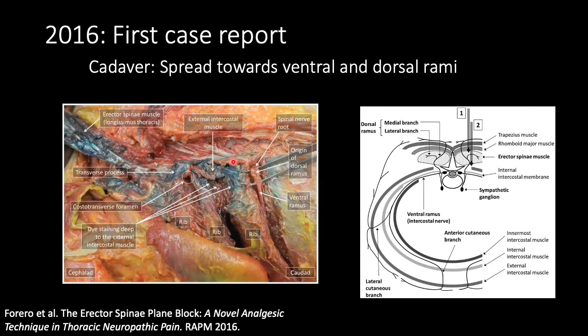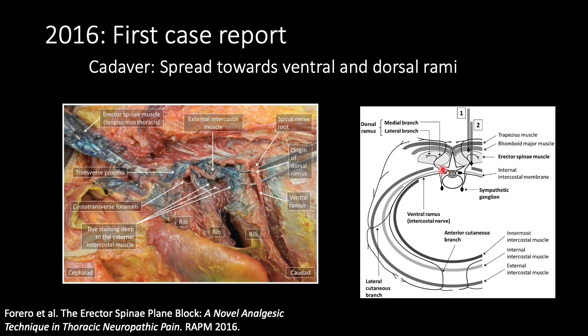And then they did some injections in cadavers with methylene blue against the transverse process. And they showed dye spread in the direction of both the dorsal and the ventral rami of the spinal nerve roots.